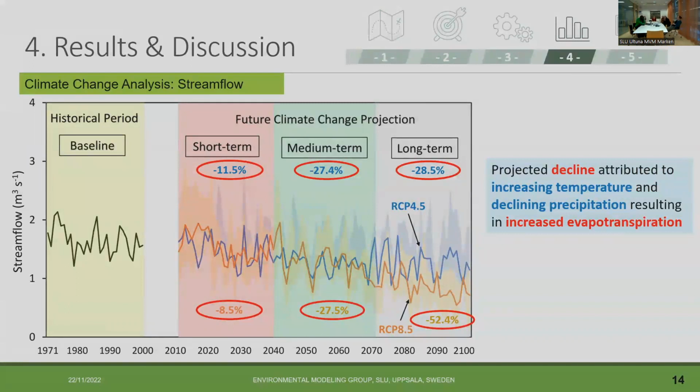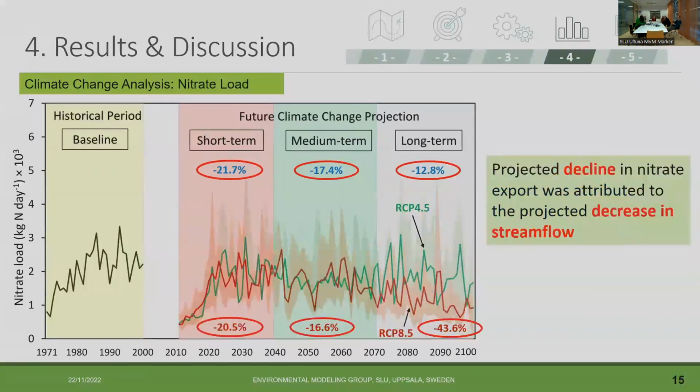in this area. And then for the nitrate, the pattern was almost the same, because the nitrate loads are highly dependent on the stream flow. So a decline in stream flow definitely results in a decline in the loads. However, we also look at it from the point of the concentration.